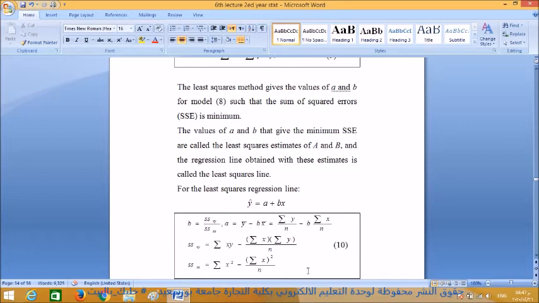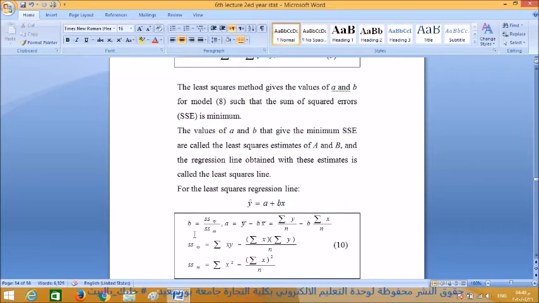How can we compute the least square line, or the equation of the simple linear regression model? Okay, to compute y hat we must compute a and b. A is the constant or y-intercept, and b is the coefficient of regression or the slope of the straight line.